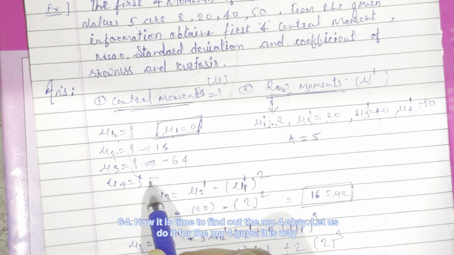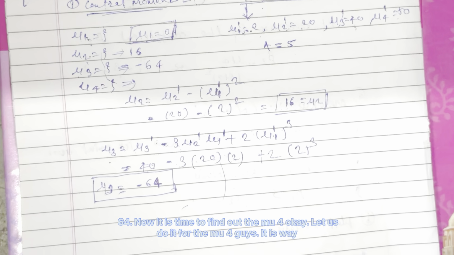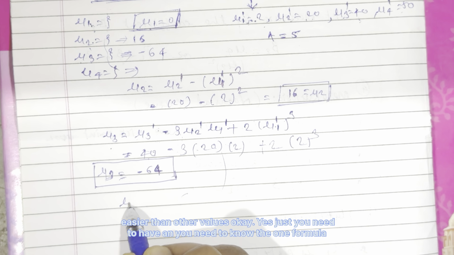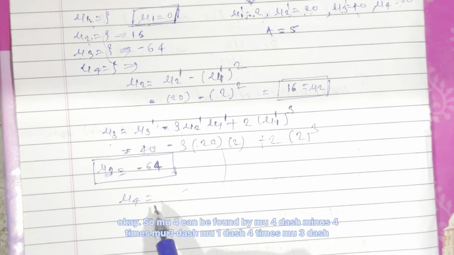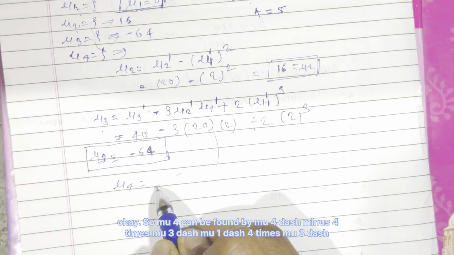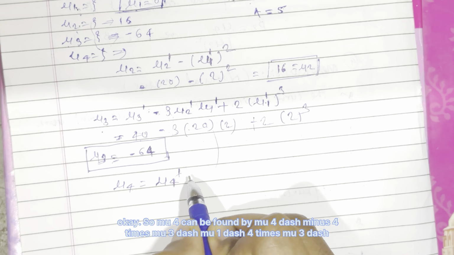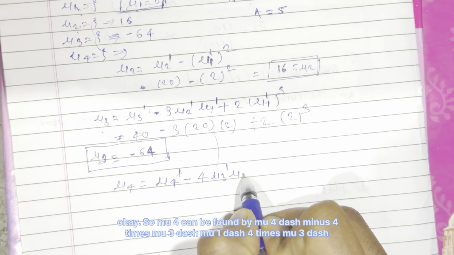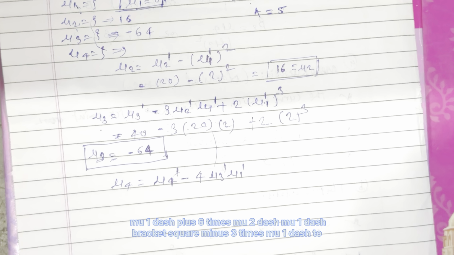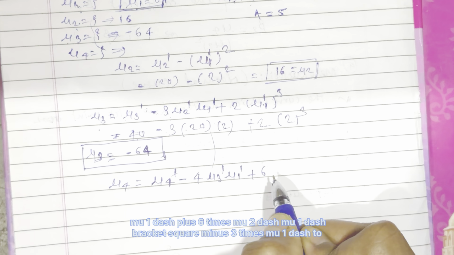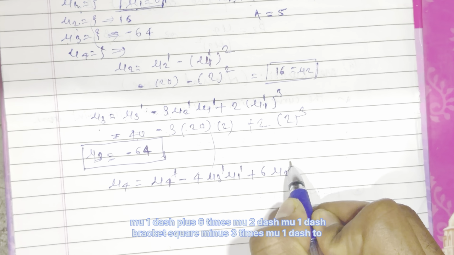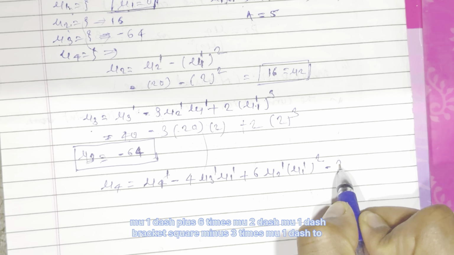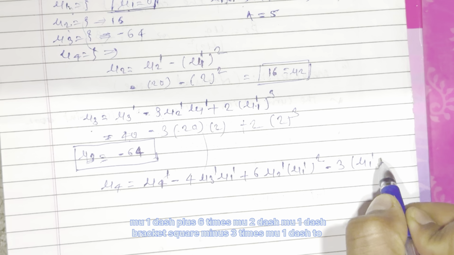Now it is time to find out the mu4. Let's do it for the mu4, guys. It is way easier than the other values. You just need to know the one formula. So mu4 can be found by mu4 dash minus 4 times mu3 dash mu1 dash, plus 6 times mu2 dash mu1 dash bracket square, minus 3 times mu1 dash to the power 4.